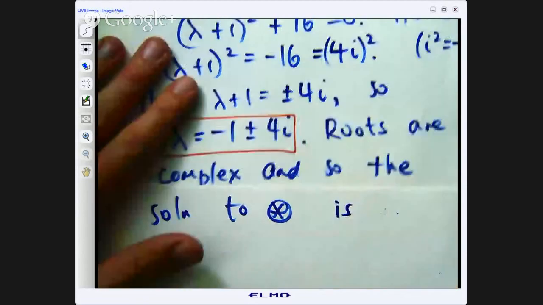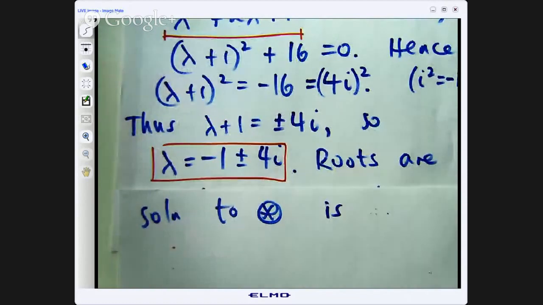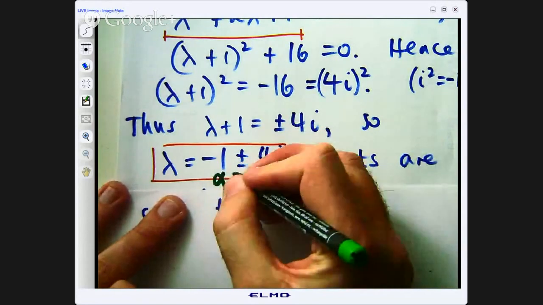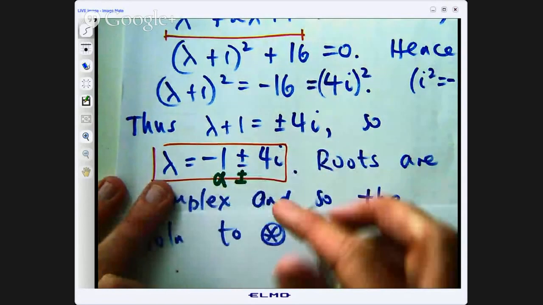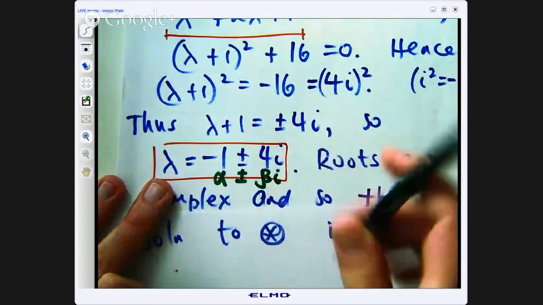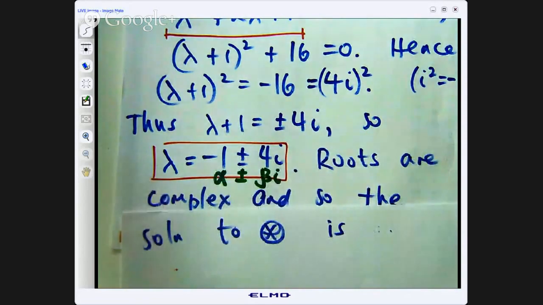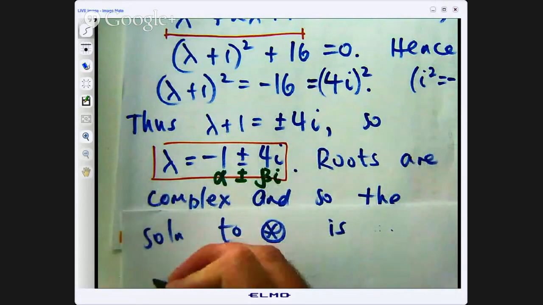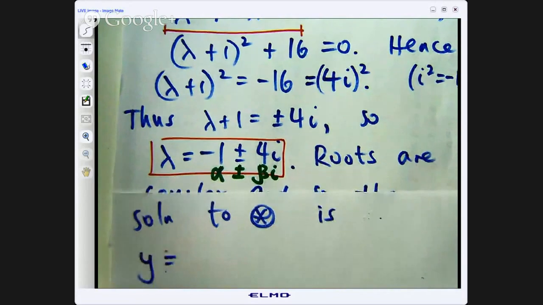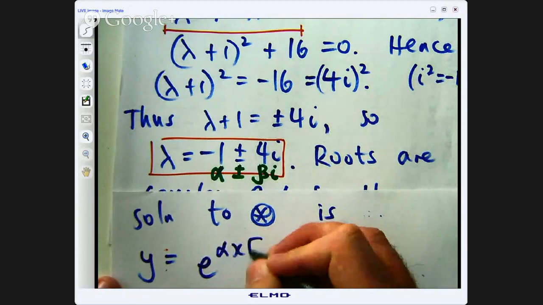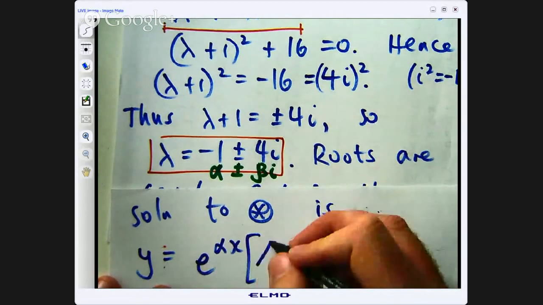All right, so you can think of this being alpha plus or minus beta i. So alpha would be -1 in this case, beta would be +4. All right, so when we have complex roots with alpha and beta here, the general solution to our problem is the following.